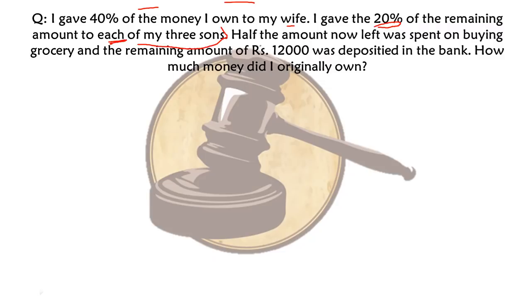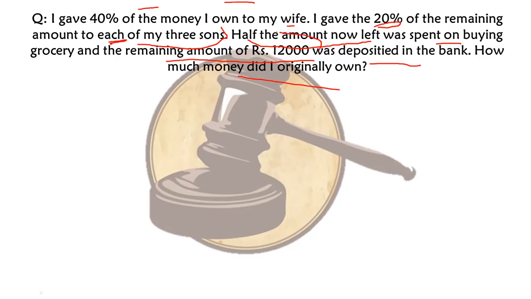Now half the amount which was left with me after giving it to my wife and my three sons was spent on buying grocery, and the remaining amount of rupees 12,000 was deposited in the bank. How much money did I originally own?